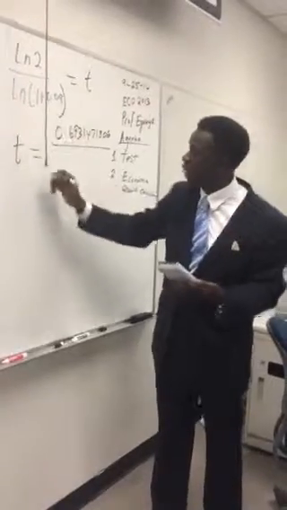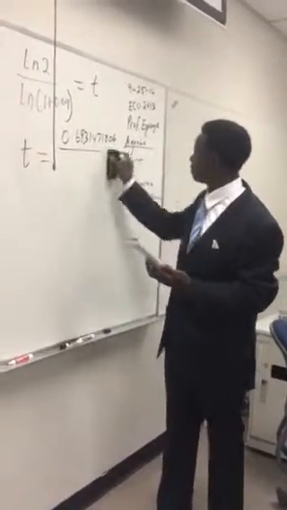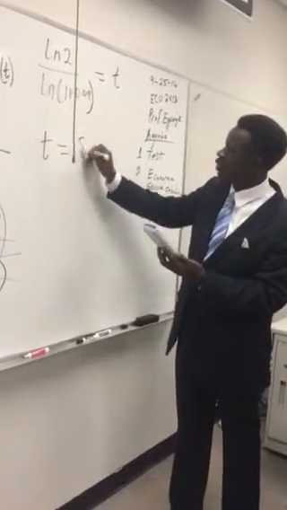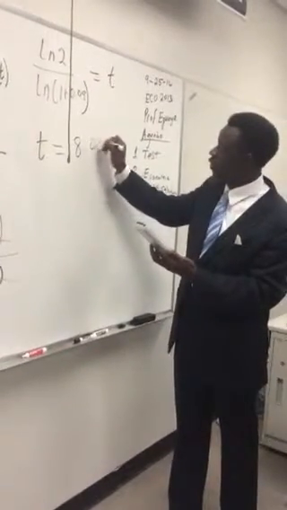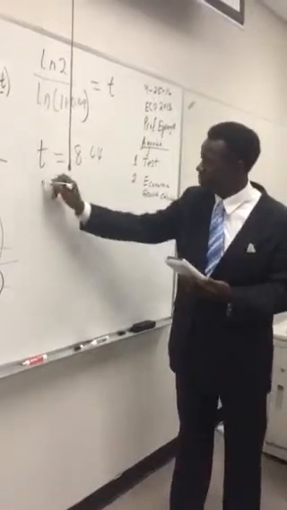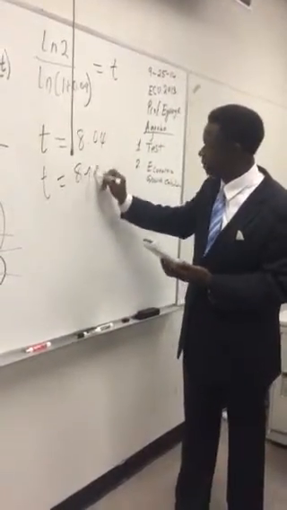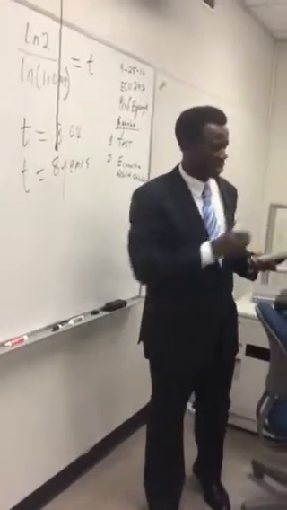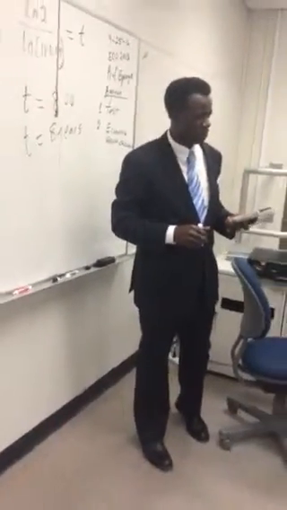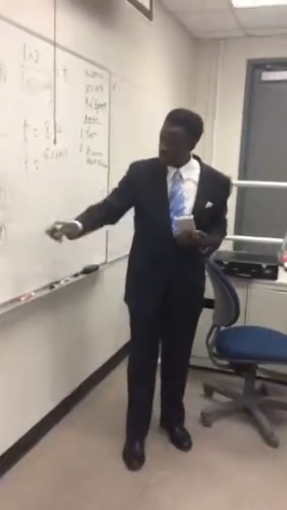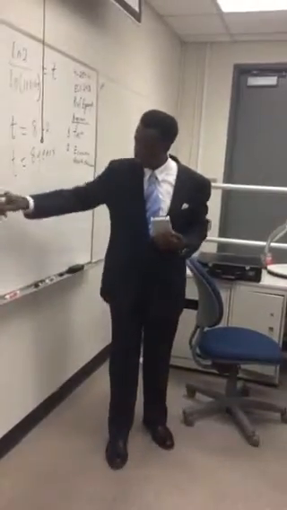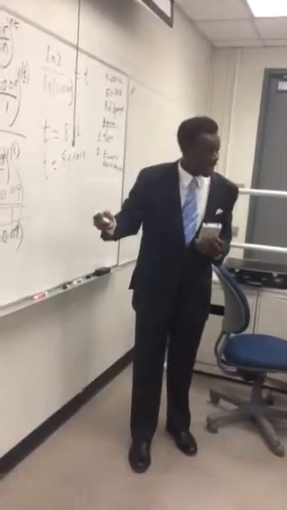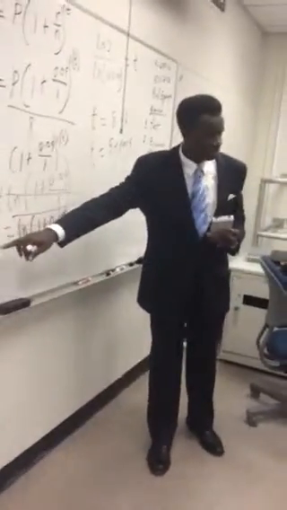So altogether, t will be equal to 8.04, which is the same as t is equal to 8 years. Yes, because 0.09 divided by 1 is the same as 0.09.